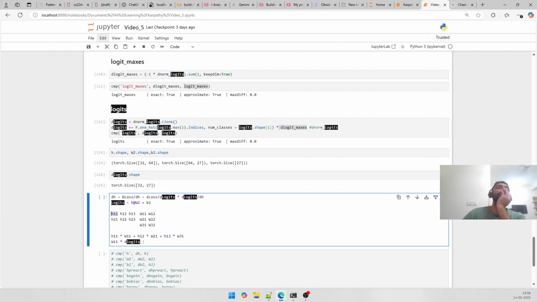So for this it will be logits. This has 27 values, that has 64 values.